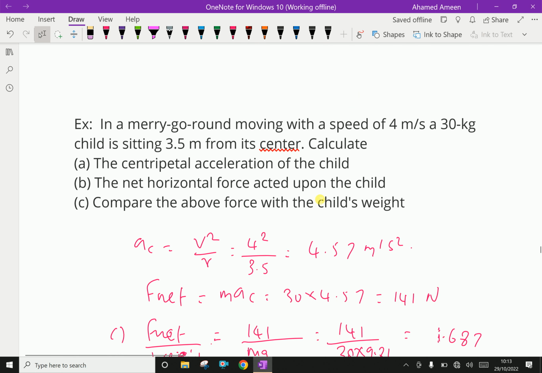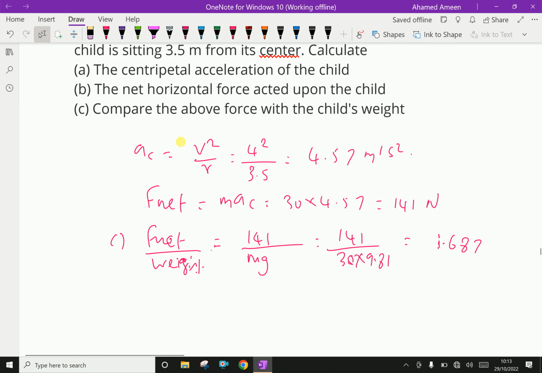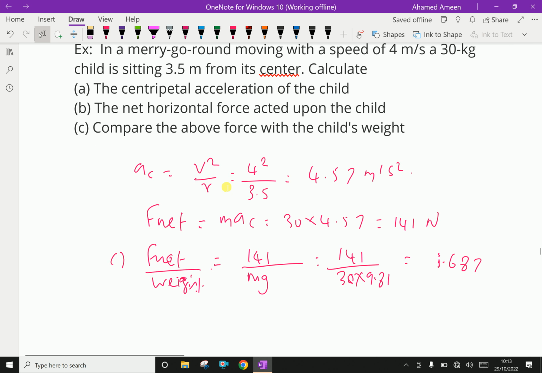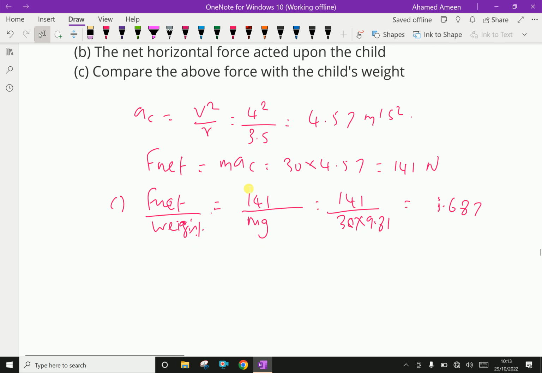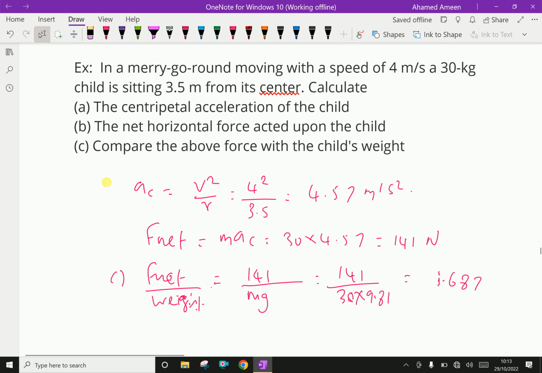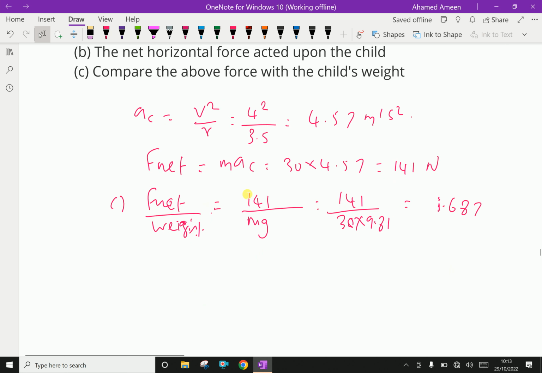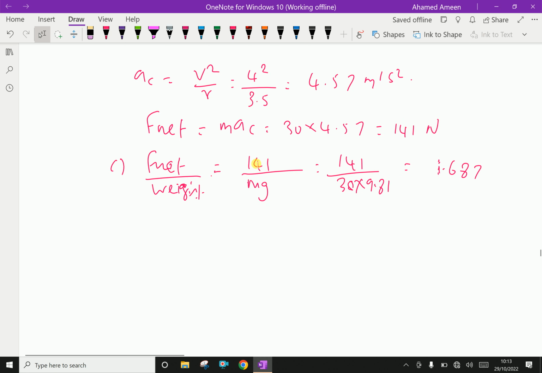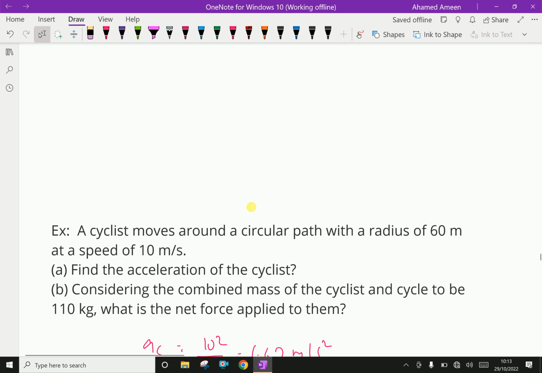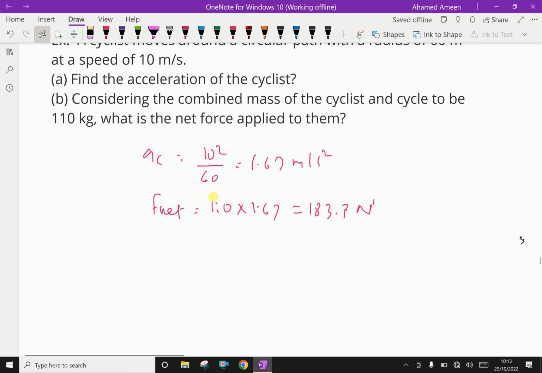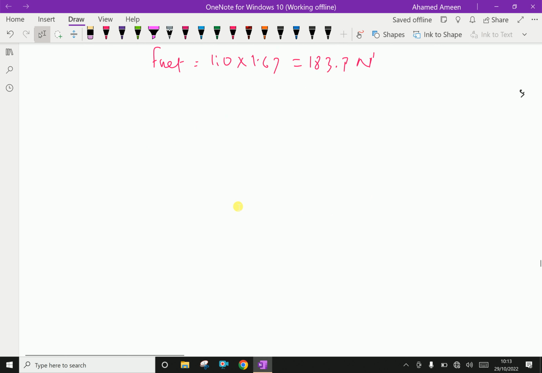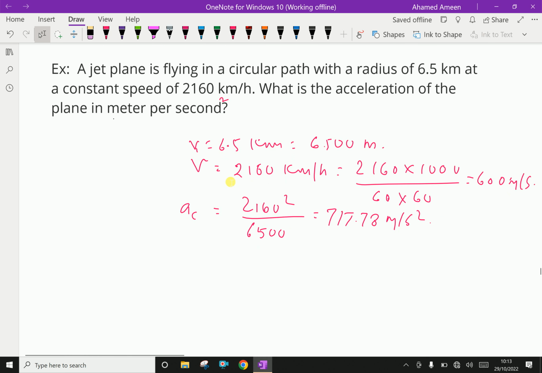Like the second question also, the acceleration is the centripetal acceleration v squared by r, which we calculated. F net is m a c. Then we compared the above force with the child's weight, F net by mg.